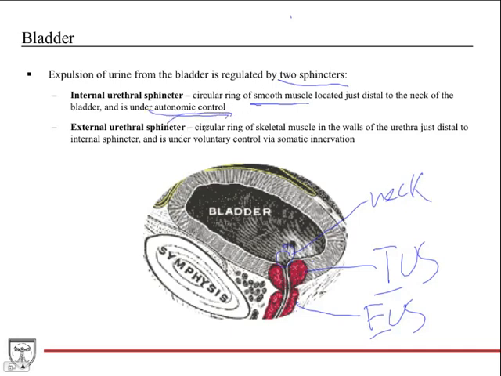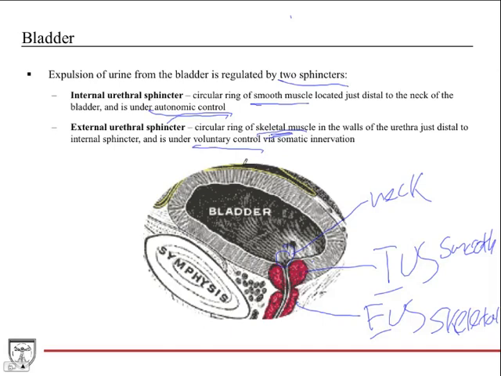The external urethral sphincter, again, is a circular ring, but it's skeletal muscle, very, very important. So this is skeletal, and this is smooth. It's located in the urethra, just distal to the internal sphincter, and it's under voluntary control. This is when you have that urge to go to the bathroom, and you're sitting in class, in a situation where you can't get up and go.